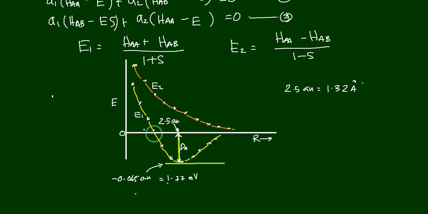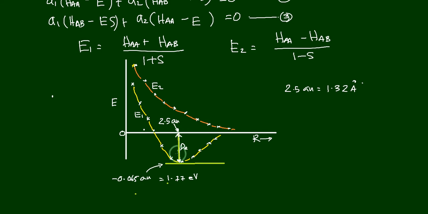In the case of E1, you can see that the energy profile reaches a minimum, and that minimum has an energy lower than that of the atomic orbital of the hydrogen atom. On this scale we have taken the energy of the 1s orbital of the hydrogen atom, EH, as equal to 0.